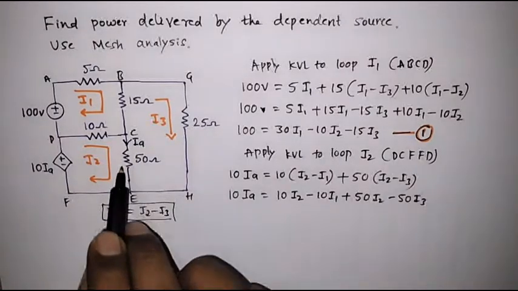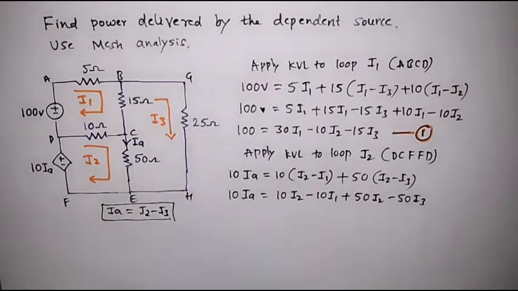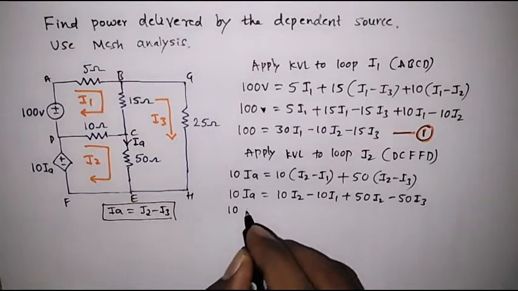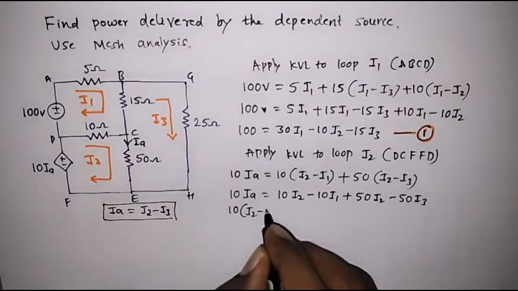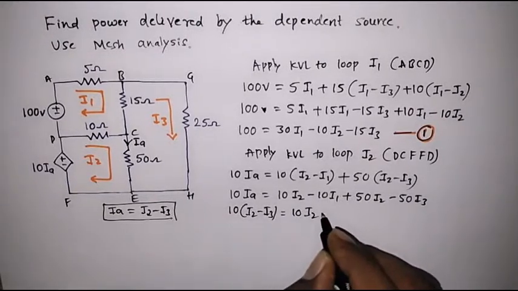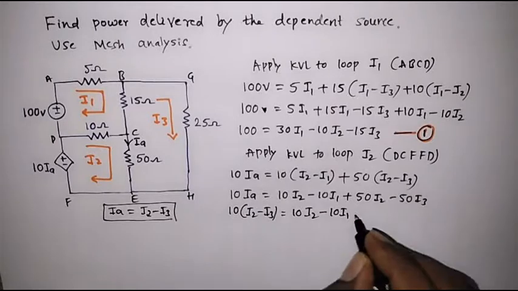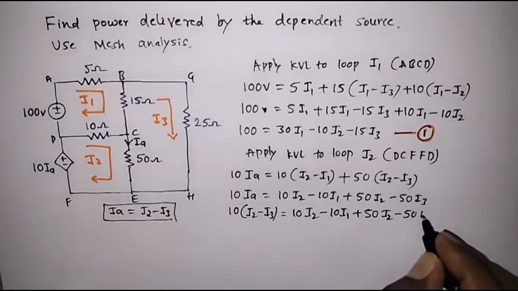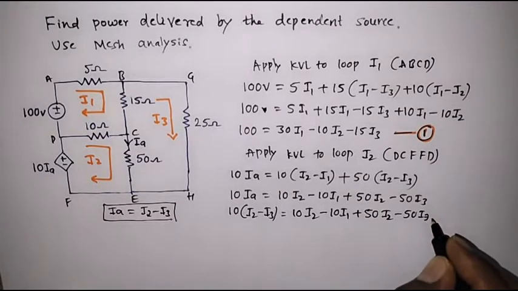Therefore, I'll substitute the IA value here. 10 into I2 minus I3 is equal to 10 I2 minus 10 I1 plus 50 I2 minus 50 I3.